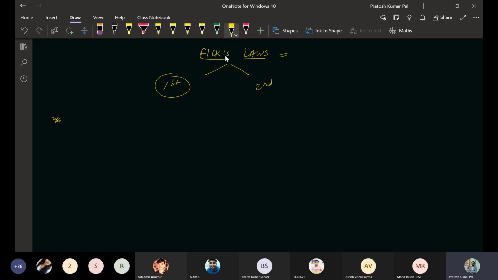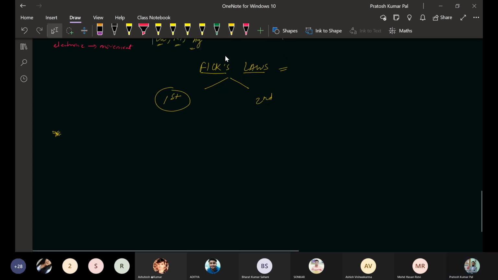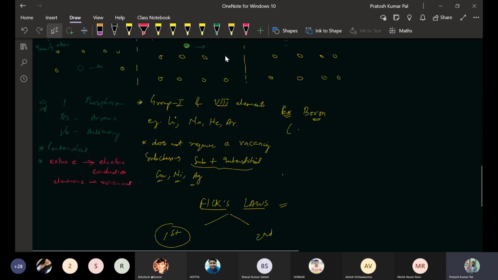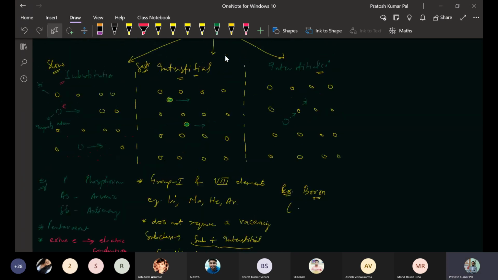Fick says that in the case of one-dimensional movement, the impurity atom is moving in one direction only. Either it is moving in this direction or this. It is not moving in multi-directional dimensions.